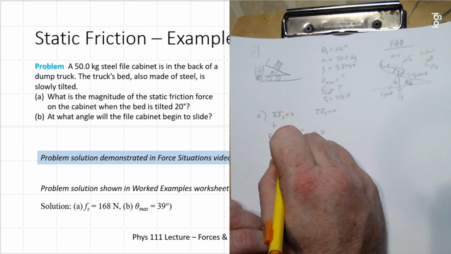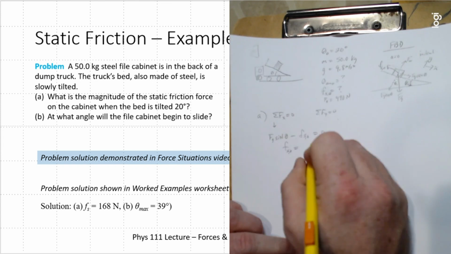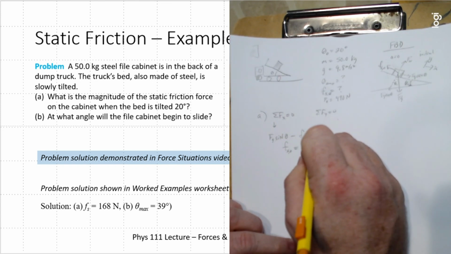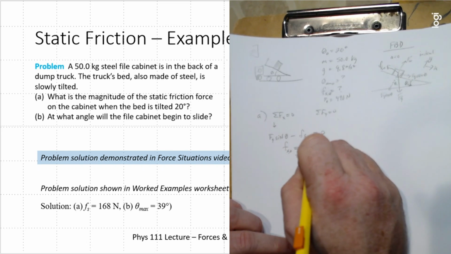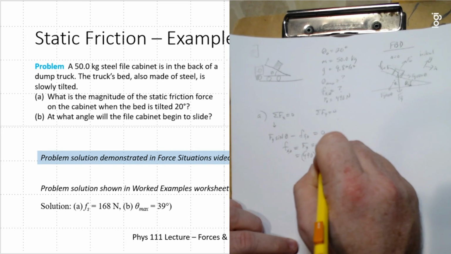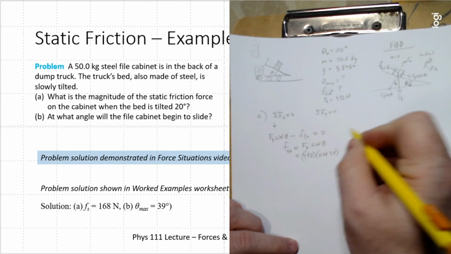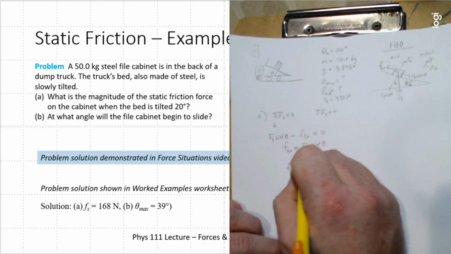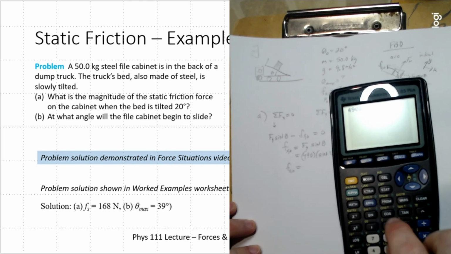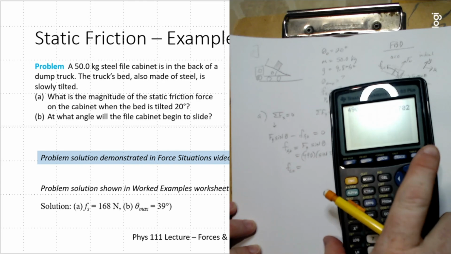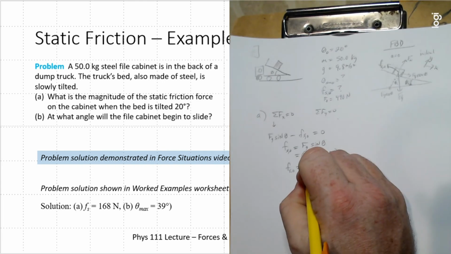And so F sub s initial is Fg sine theta, or 490 times sine of 20 degrees. Sine 20, enter: 167 newtons.